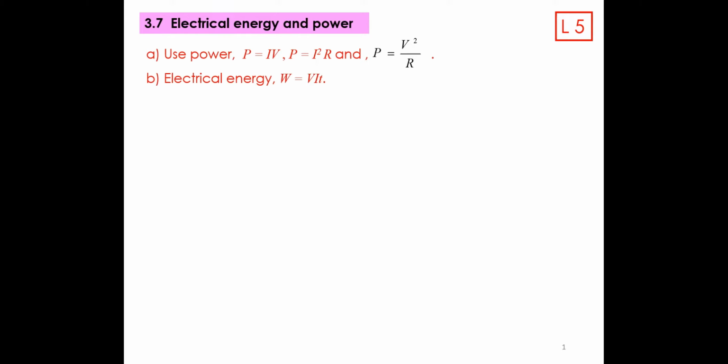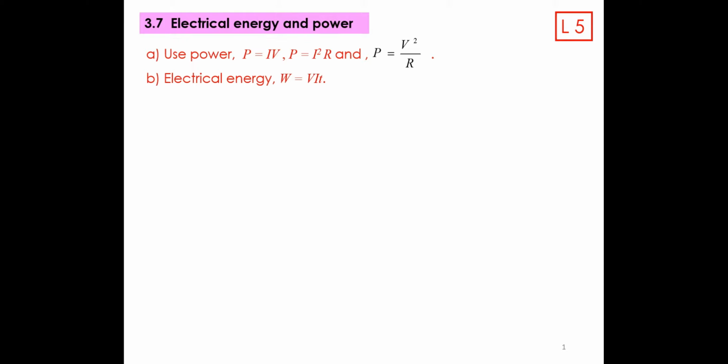Okay, subtopic 3.7, electrical energy and power. In this subtopic, we will discuss two learning outcomes.